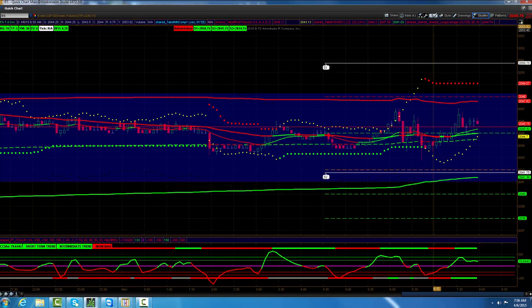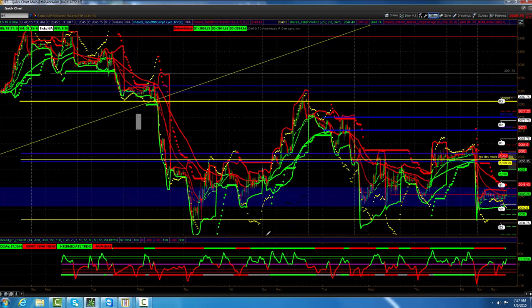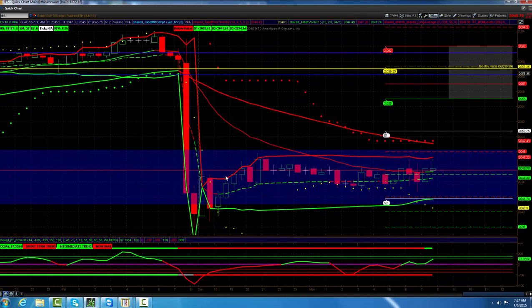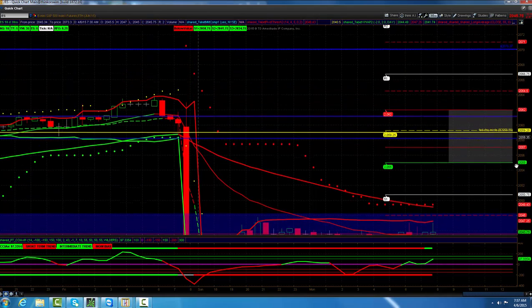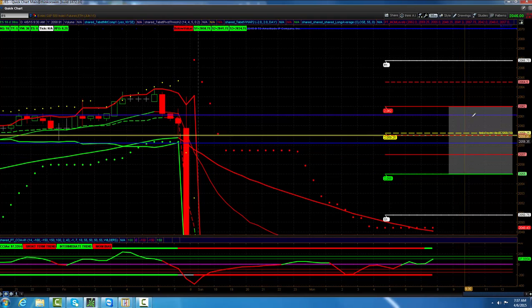Let me throw on the 30-minute chart. I don't want this to get too busy, but when you take a look at our value area low, we're trading below it. The high of the value area is 2062, 2059 and a quarter is the point of control, and the bottom of value is 2055.